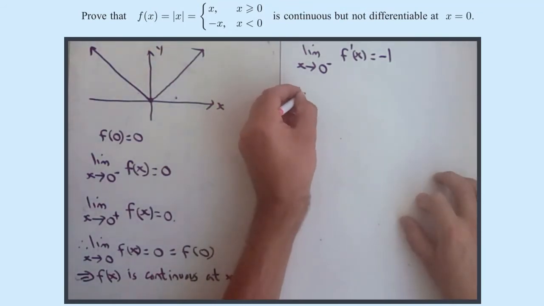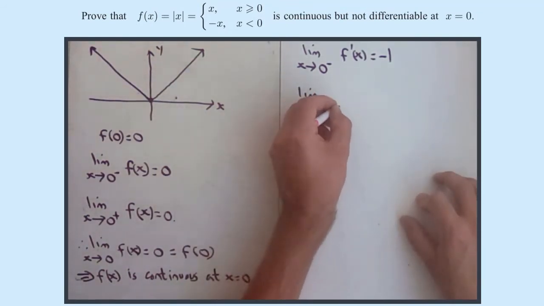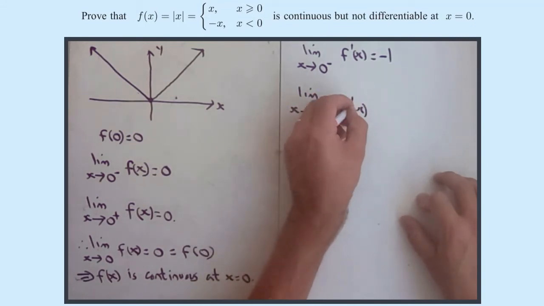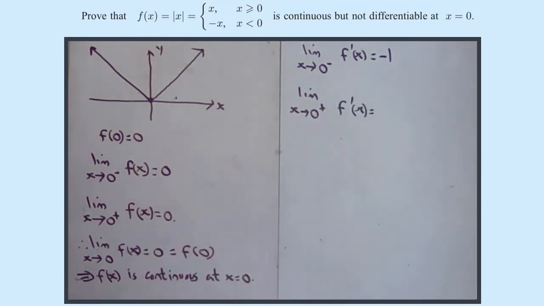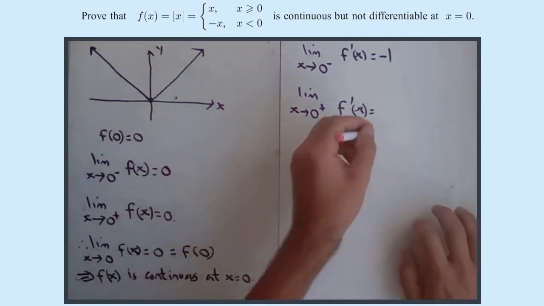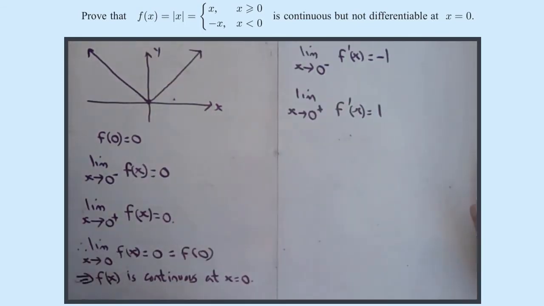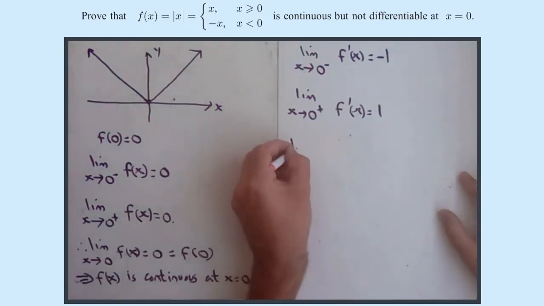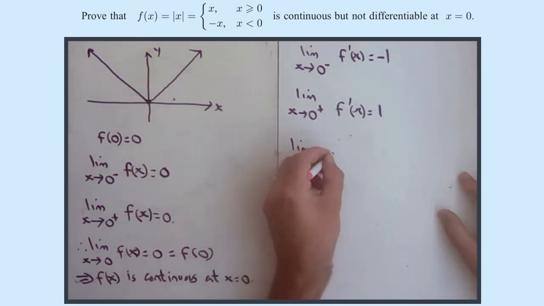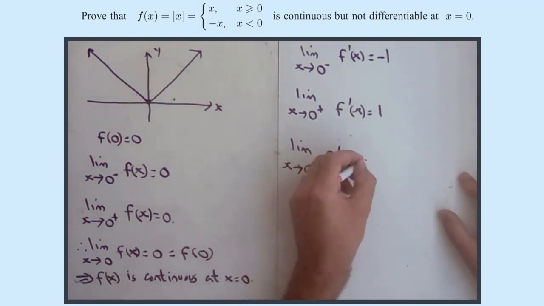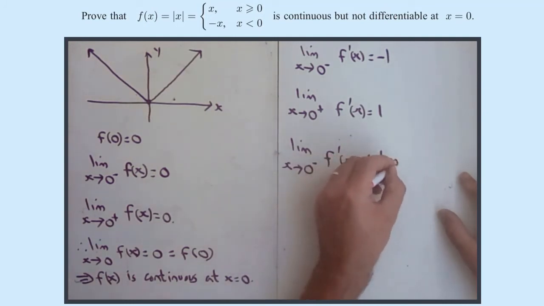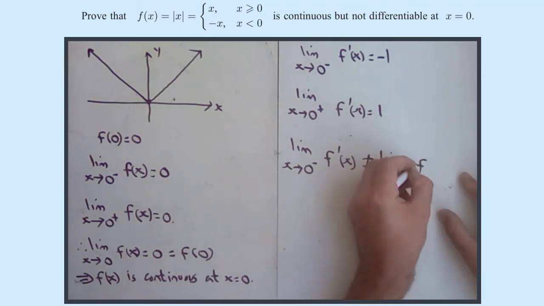The limit as x approaches 0 from the other side of f dashed x, as in the actual derivative, is 1. So that is showing us that the limit as x approaches 0 from the left hand side of f dashed x does not equal the limit as x approaches 0 from the right hand side of f dashed x.